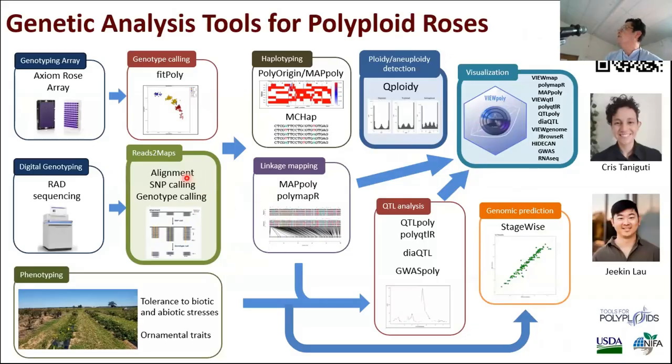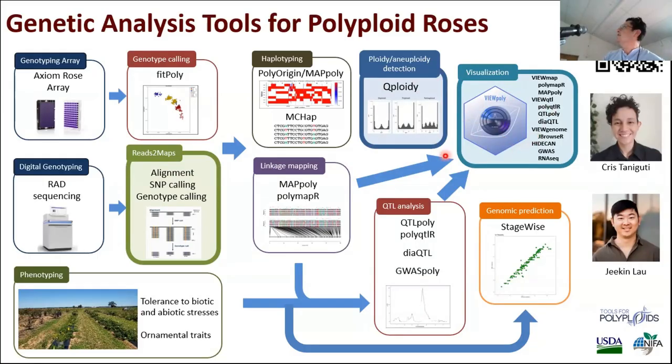One is a suite of, or a pipeline management program, if you will, to do alignment, SNP calling, and genotype calling in polyploids. Then Chris has developed also software to determine ploidy of samples based on genotypic data, and also detects aneuploidy as well.